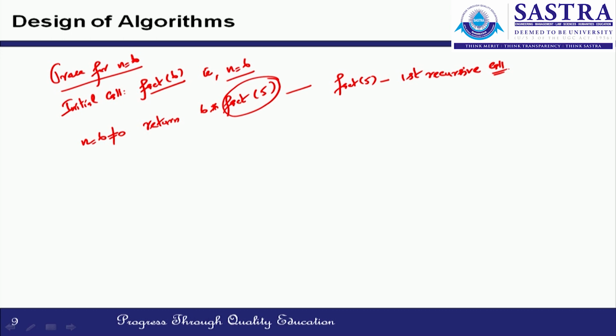In this recursive call, the actual parameter is 5, so the formal parameter n receives a value of 5. In the first recursive call, n is equal to 5, which is not equal to 0. So fact of 5, what happens?